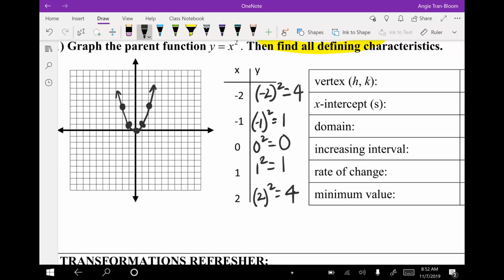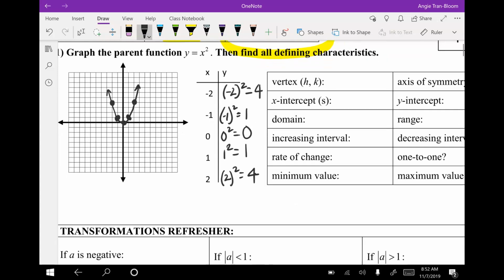All right, H and K value. Since it is the parent, Slater, what are the H and K value for all parents? That's right. It's 0, 0. Okay. Axis of symmetry. By the way, let's recall what that was again. It is a line, right?